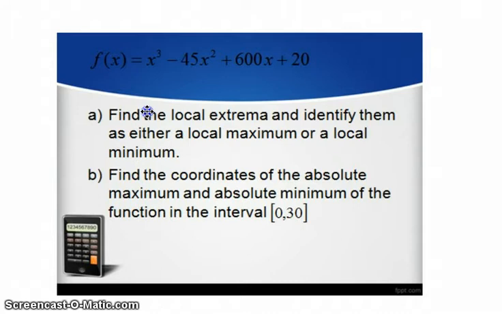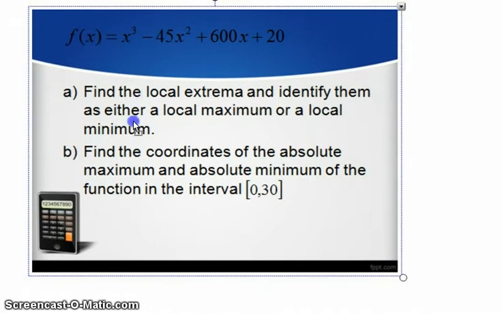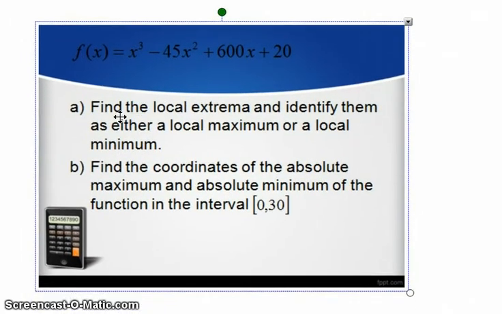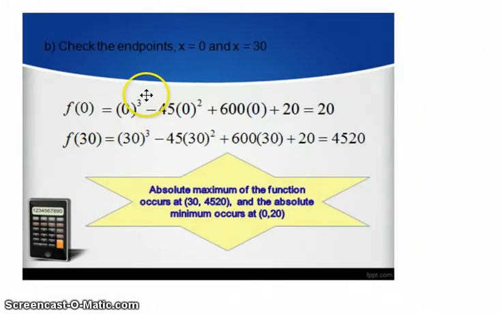To find the endpoint, I just use this. Replace all your x's with 0, and you will get its corresponding y, which is 20. Then use 30 as x, replace all the x's of the original function, and your y now is 4,520.